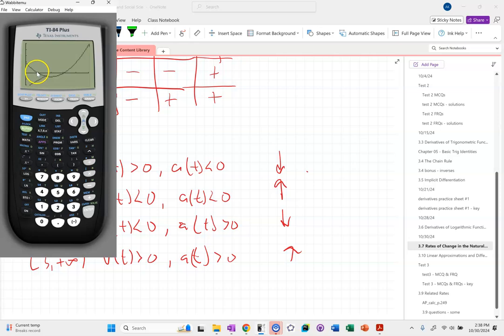So notice here, positive and negative between 0 and 1. Between 1 and 2, they're both negative. Between 2 and 3, acceleration positive, but velocity is negative. And then after 3, they're both positive.